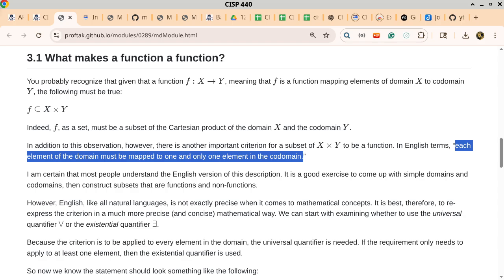Is that applying to the whole domain or to every single one of the codomain? Do we only need one element of the domain to have this property? No, we need every element in the domain to have this property. So this is already using as precise a language as possible, but it is still confusing. That's the nature of natural languages.